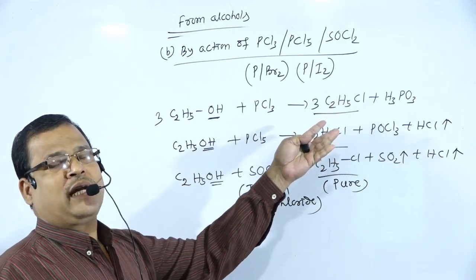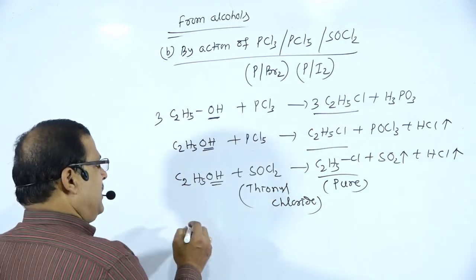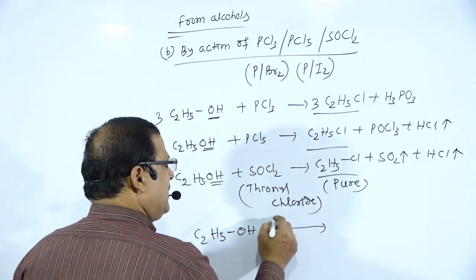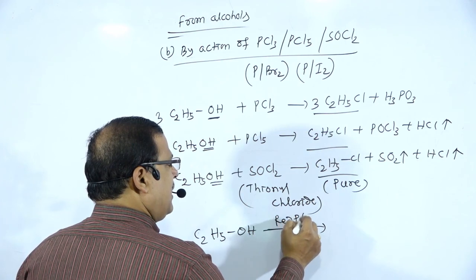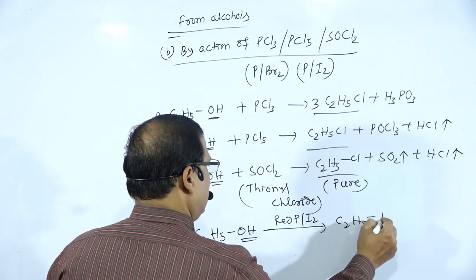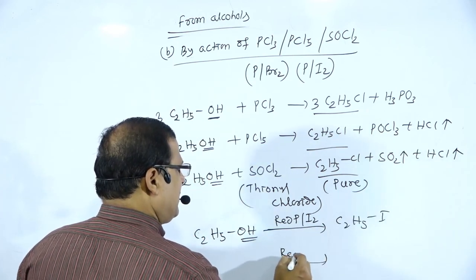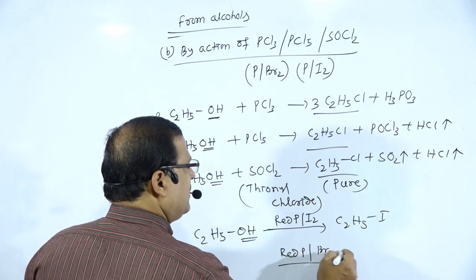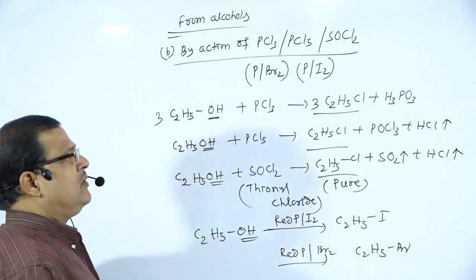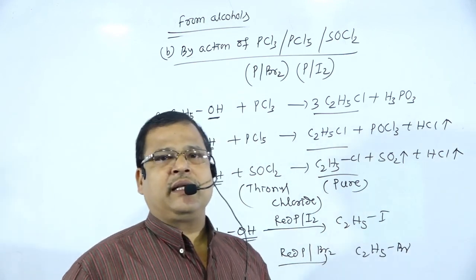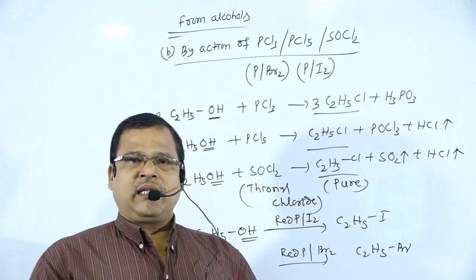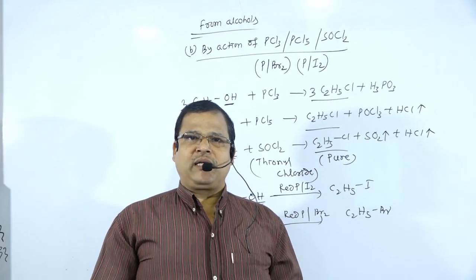So in this method also we can prepare alkyl halides: ethyl alcohol C2H5OH treated with red phosphorus and I2, the OH group gets replaced by I, or with red phosphorus and Br2, giving C2H5Br. These are the products. So briefly we have explained the methods of preparation of alkyl halides particularly.